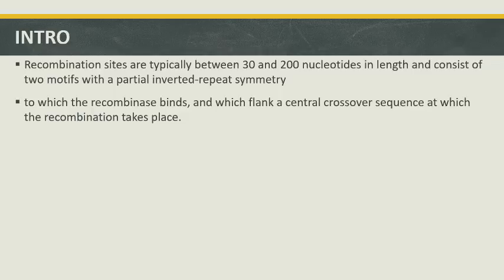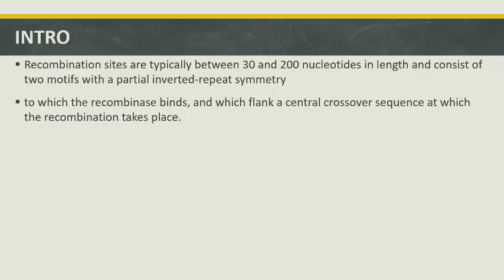Now, what may be the size of the recombination sites? Are they long stretches of DNA molecules, or small ones? As you can see, they are quite small. The portions of the DNA where recombination takes place are between 30 to 200 nucleotides.